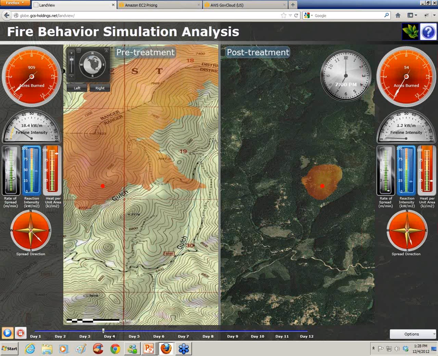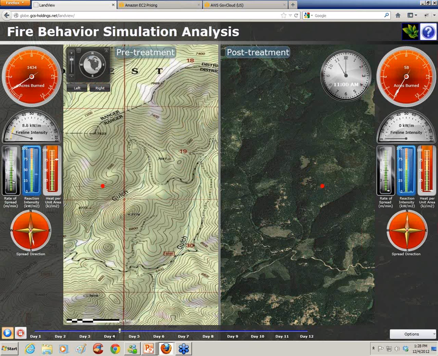And what we're looking at is predicting the rate of spread based on one of the dominant factors, and that's wind speed against a forest structure. On the left-hand side, you have a forest that essentially has had no thinning, no fuel reduction, and that's the input to the model. It says we have a very thick forest, a lot of dead and down, and that represents a certain fuel type.